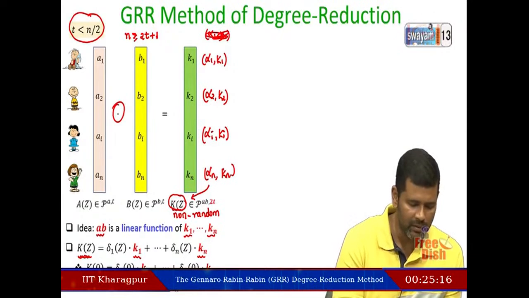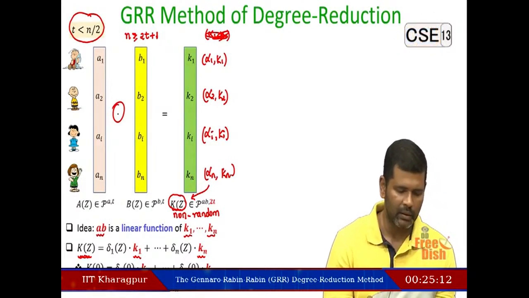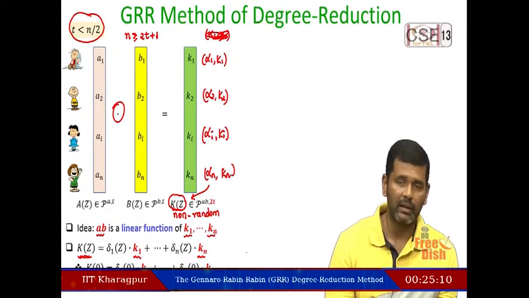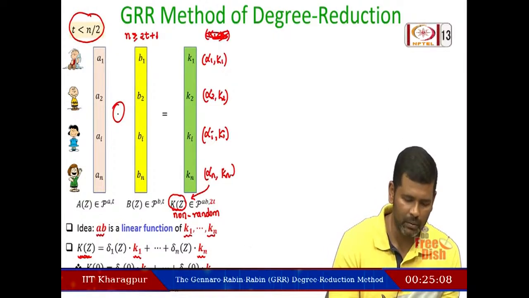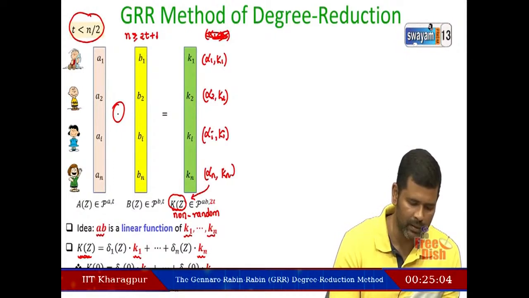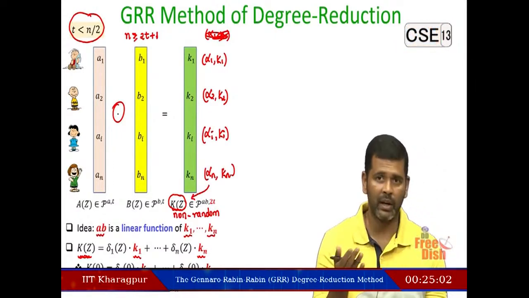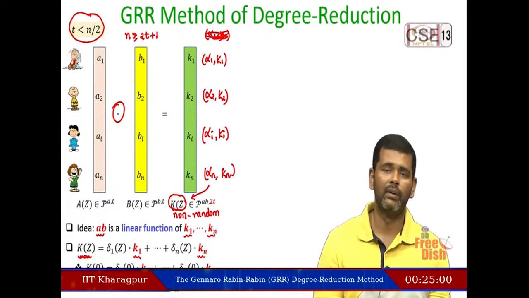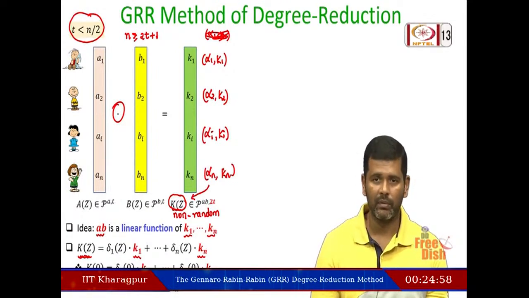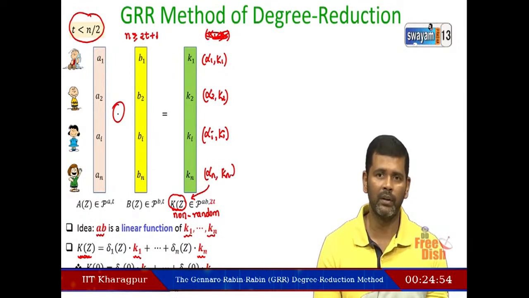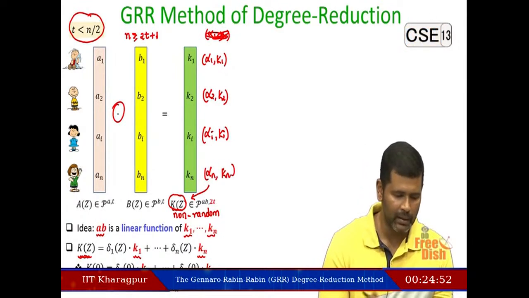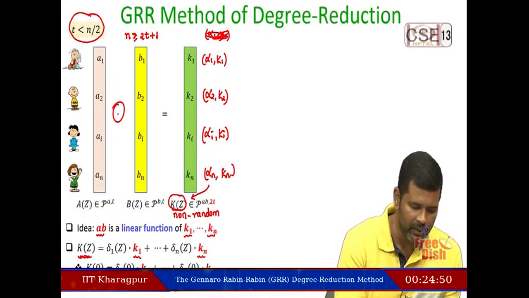Let me call delta 1 of 0 the constant c1, delta 2 of 0 the constant c2 and delta n of 0 the constant cn. They are basically your Lagrange interpolation coefficients, which we discussed when we covered Lagrange polynomial interpolation over finite fields. And k of 0 is this ab.